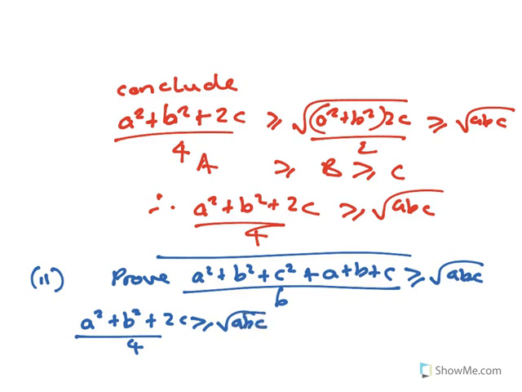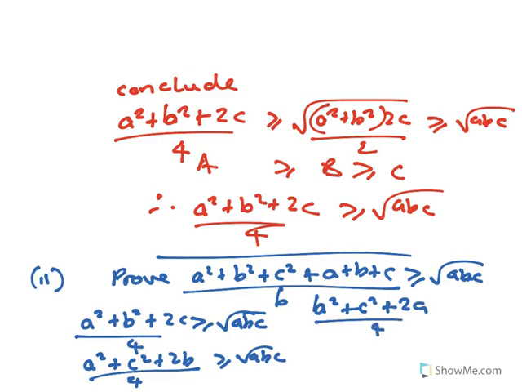And so that means that if we rearrange this, we know that A squared plus C squared plus 2B on 4 is greater than or equal to root ABC, and B squared plus C squared plus 2A on 4 is greater than or equal to root ABC.